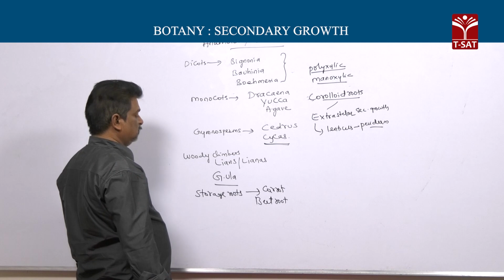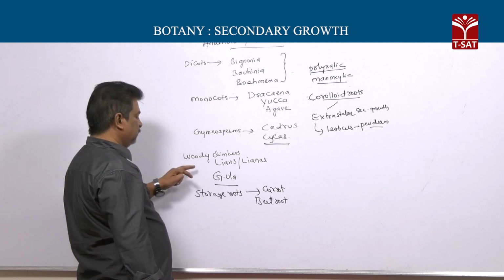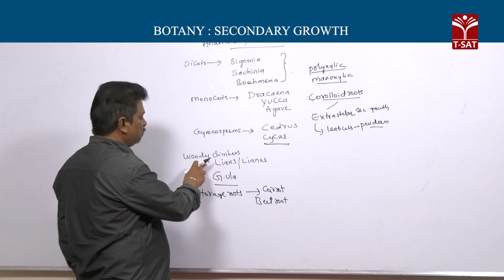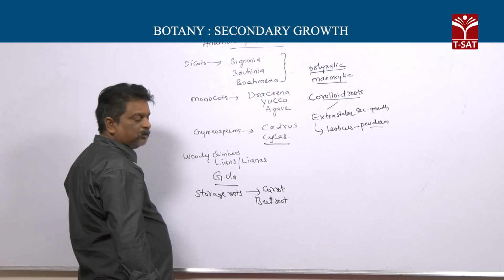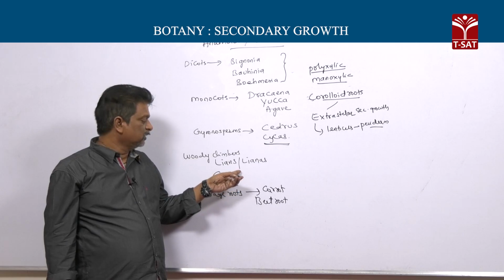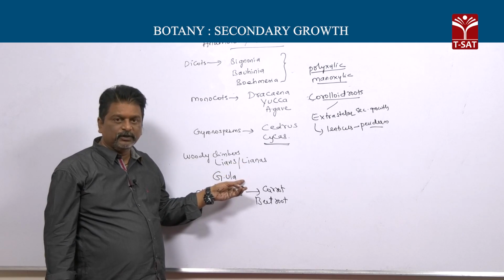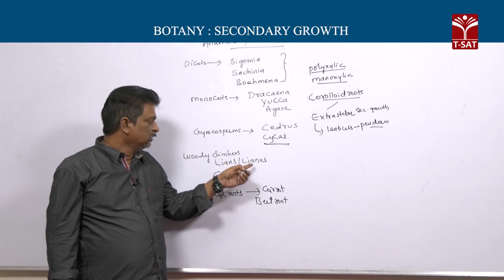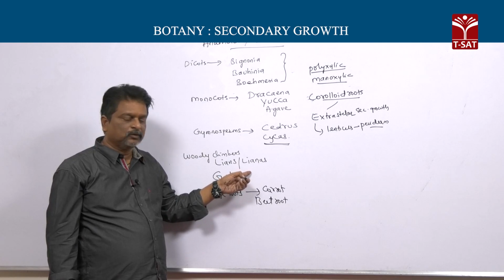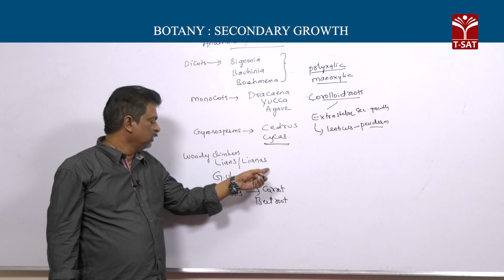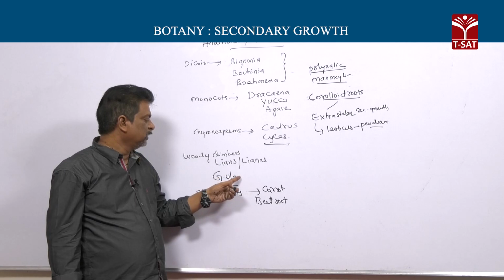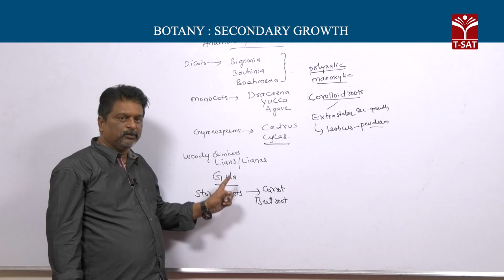Then next one, lianas means woody climbers. They take the support of nearby plants. So if more xylem is formed during secondary growth, it cannot climb. That is why during secondary growth, it produces more secondary phloem. So it is called abnormal or anomalous secondary growth in lianas.